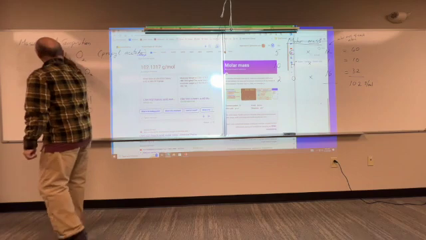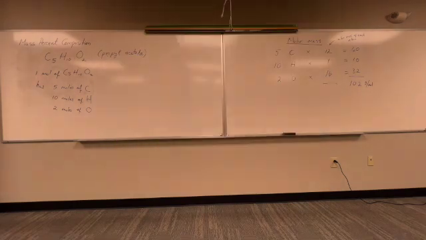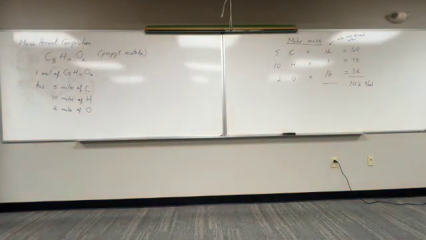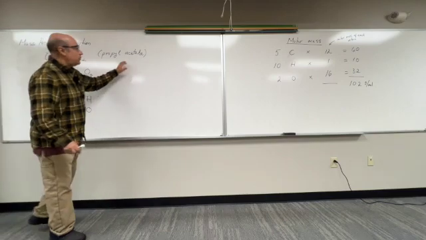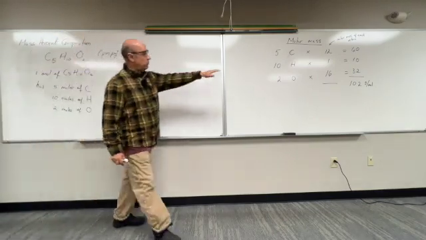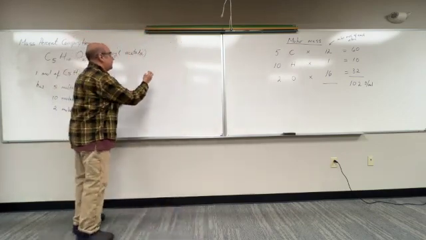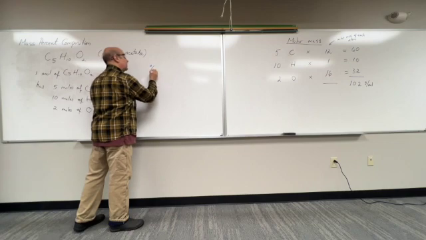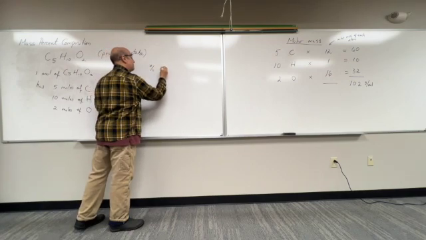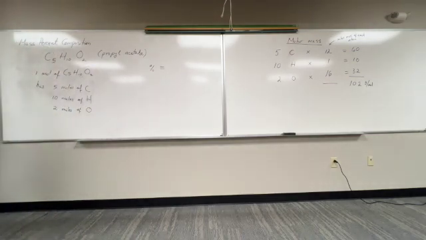So we're going to start now with this idea of mass percent composition. So now that we know the molar mass of this compound being 102 grams per mole, percent is always defined, as you know, as parts divided by total times 100, right?